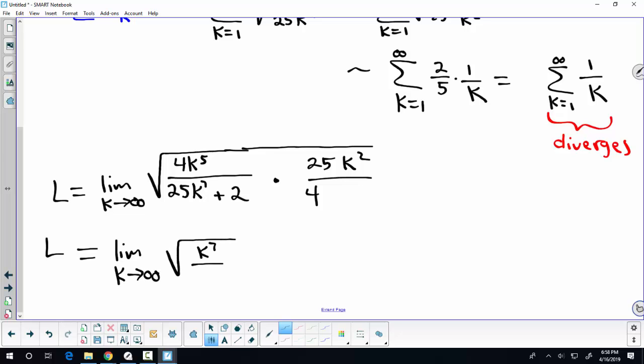Would it just be 1/2? No, because these cancel. Yeah, we still have that 2. Right, but k is approaching infinity, so we don't need to pay attention to that. So the limit's 1.